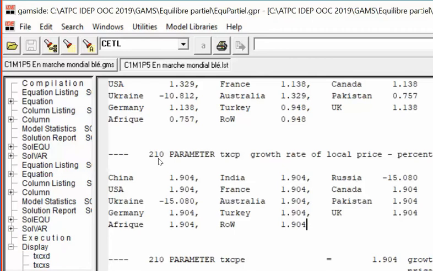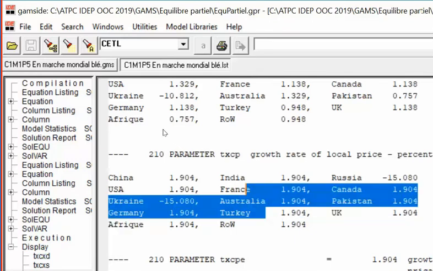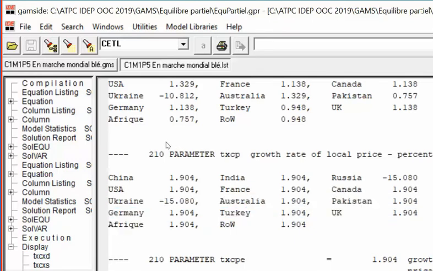So in all countries, it's very easy to understand how local price varies, because in all countries where there is no change in policy, like Africa, like France, like Australia, the variation of local price is equal to the variation of world price. But in Ukraine and Russia, you've got a decrease in the local price. Why?